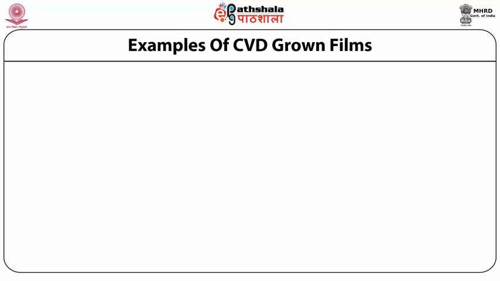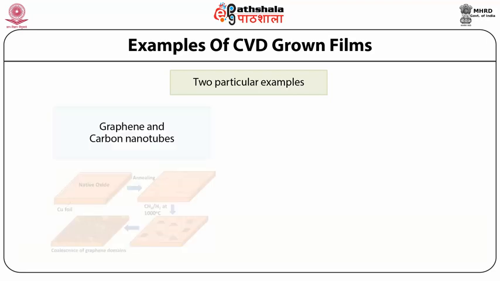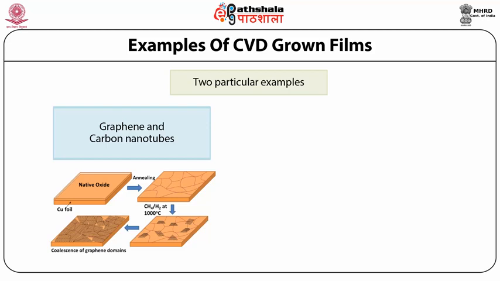Examples of CVD grown films. So students, these are two particular examples of CVD grown films. On the left hand side we have graphene and carbon nanotubes, where we have a copper foil, and on annealing in CH4/H2 at 1000 degrees Celsius there is a coalescence of graphene domains.